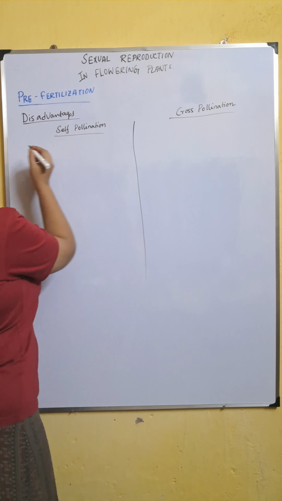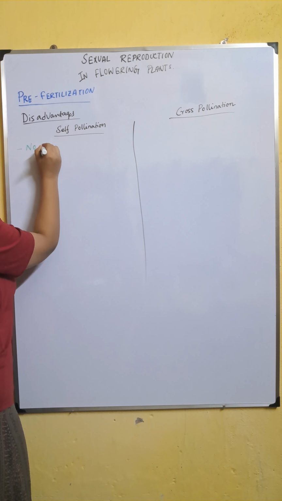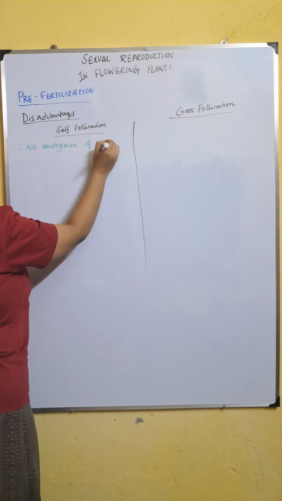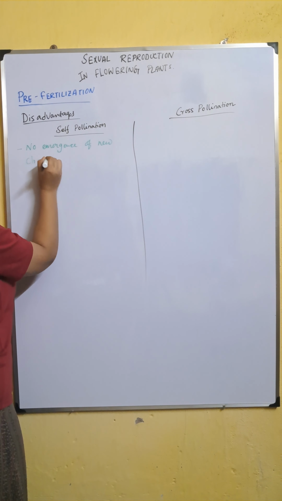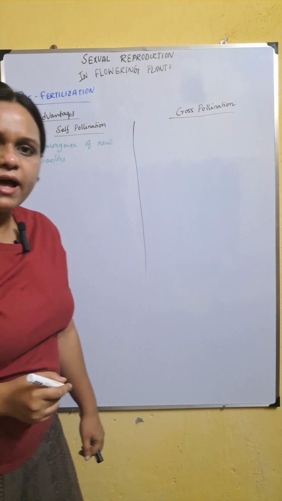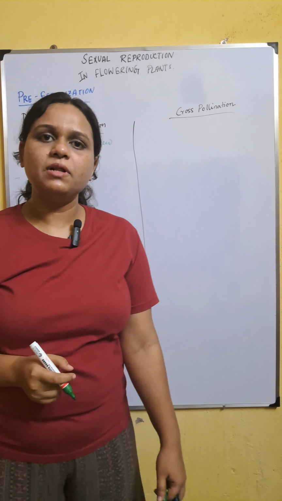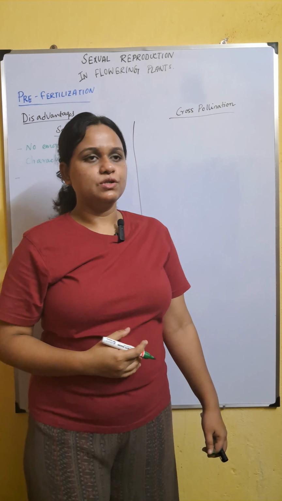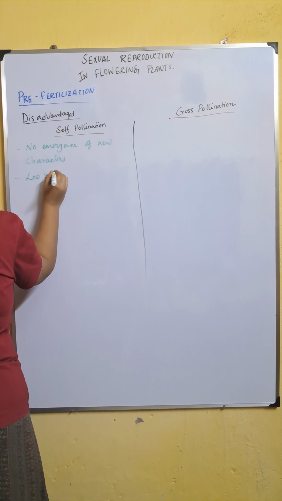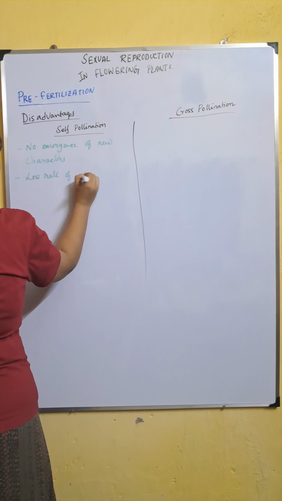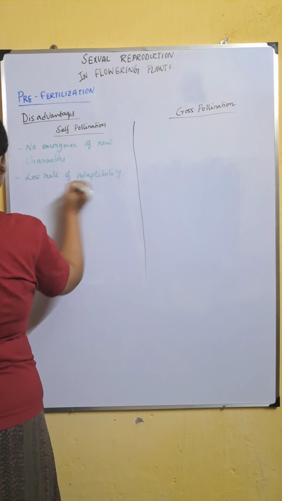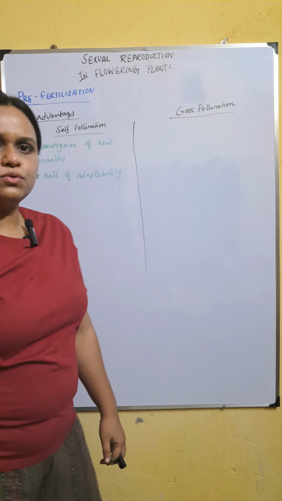In case of self-pollination, there is no emergence of new characters. So, if you don't have new characters, you are low adaptable to evolution. Low rate of adaptability.